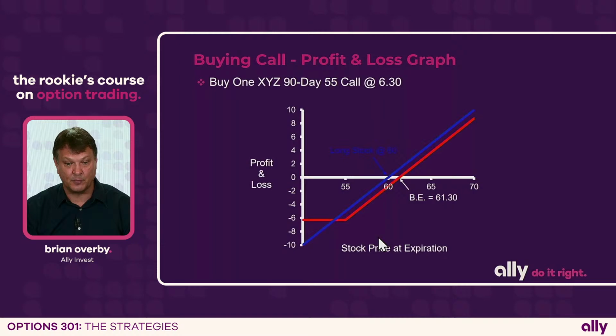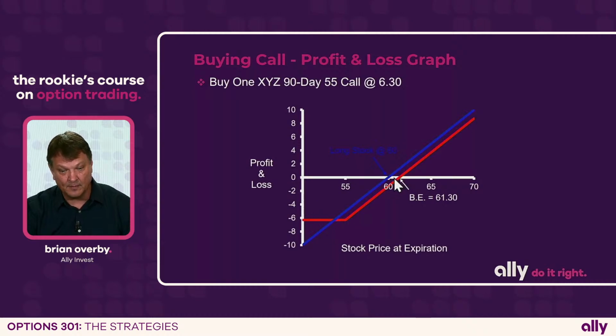So let's look at the profit and loss graph and let's talk a little bit about it. You see our risk has been changed, right? The last graph, we were right around here with where that little hockey stick figure came in. So from 60 on down, we had limited and known risk of that $3. Now we're talking about the same stock, but we bought the 55.